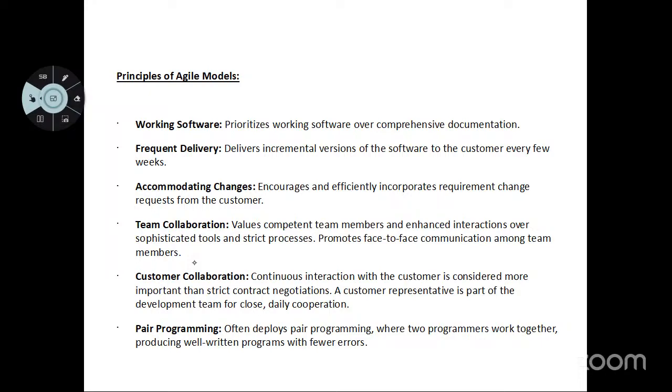When it comes to working software, it prioritizes working software over comprehensive documentation. So when you go for the agile methodology, you also check for the prioritization of working software over the documentation.